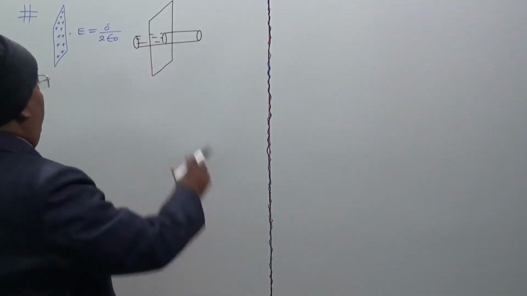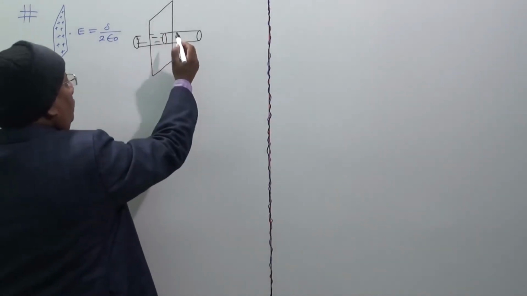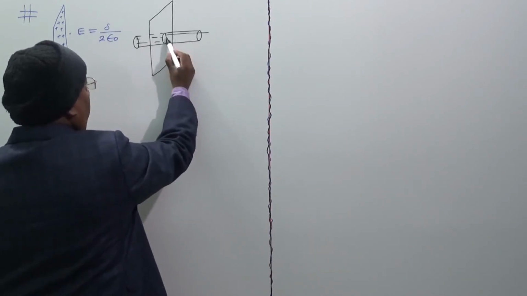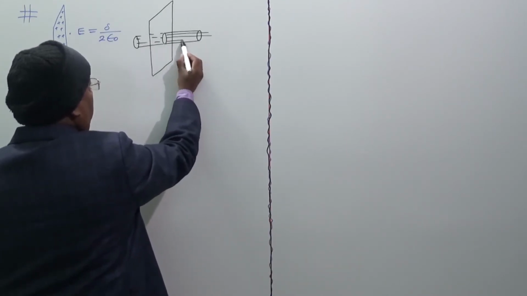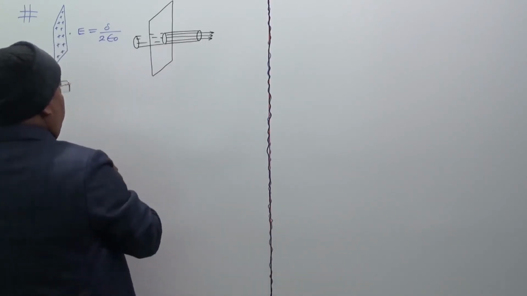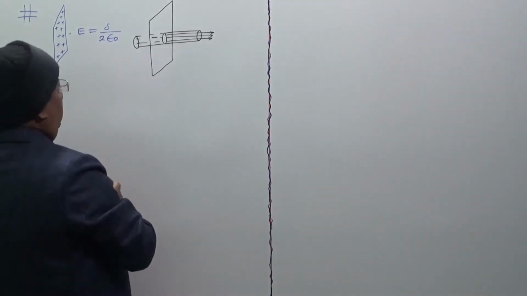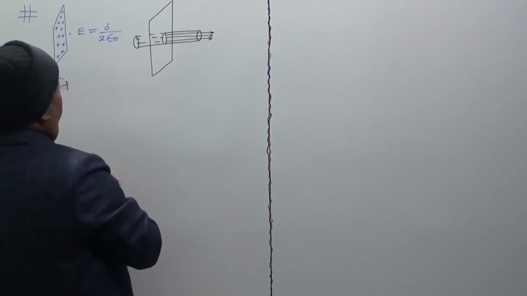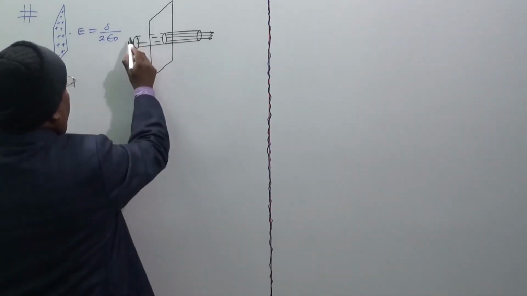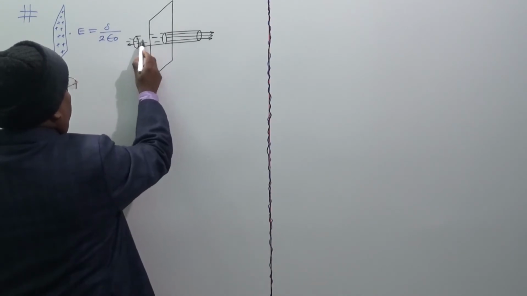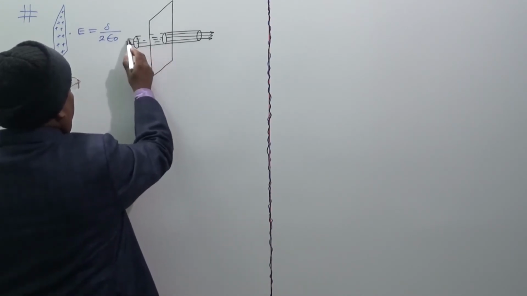if this is the cylinder, then the flux crosses this and the flux crosses backward as this.